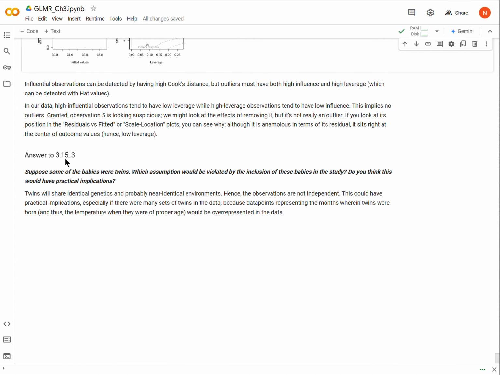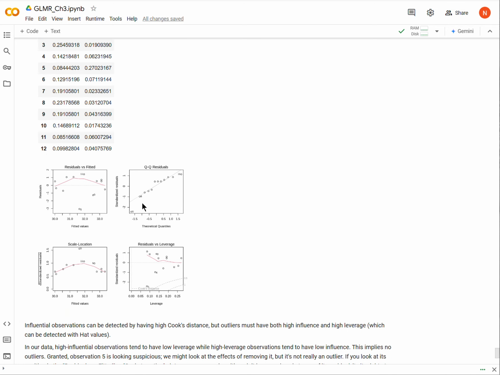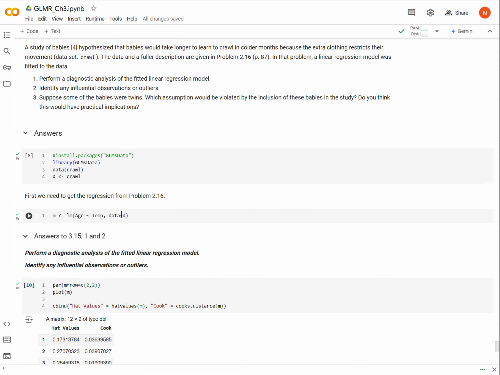Now for part 3, we're asked, suppose that some of the babies here were twins. Which assumptions are violated from our linear regression, and do you think that this would have practical implications? Okay. So the assumption that is being violated here is that in this type of simple linear regression, we assume that all of the data points, i.e. the babies, are independent.